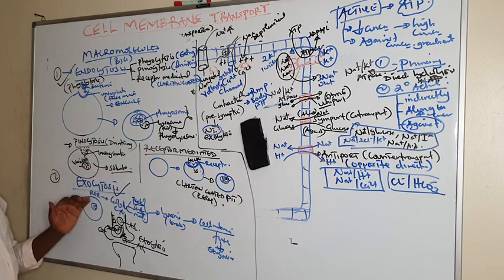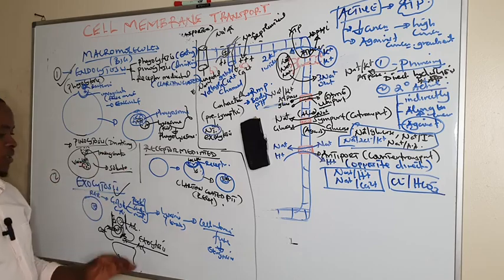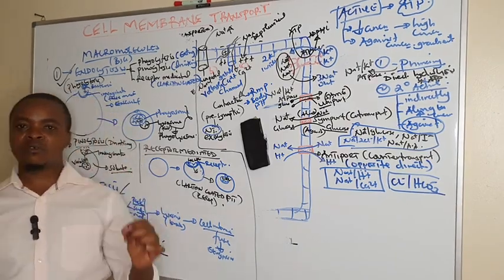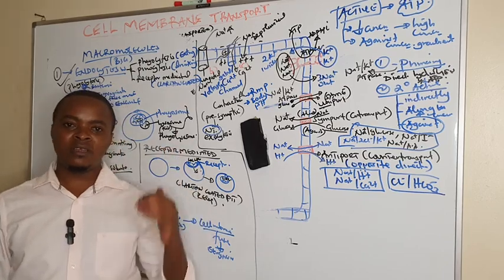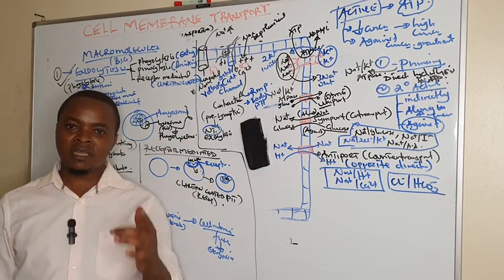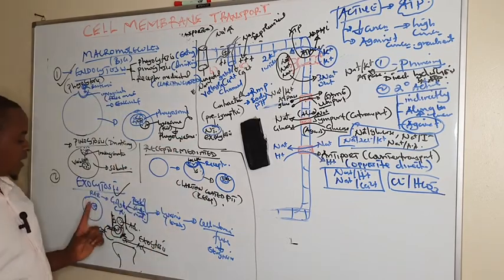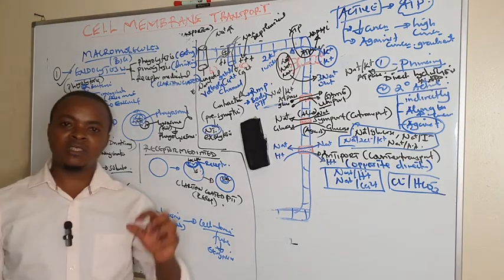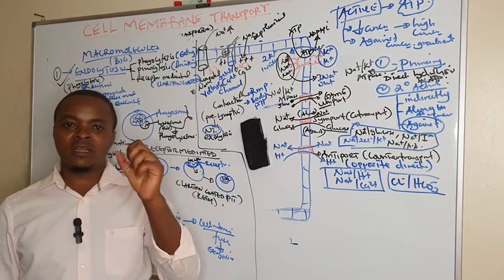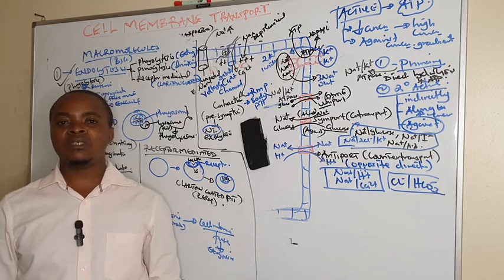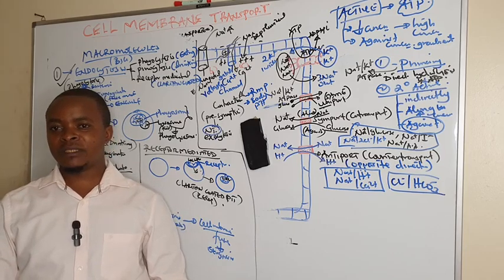Then we ended with exocytosis, with a peculiar example of how neurotransmitters like acetylcholine, epinephrine, norepinephrine, dopamine are released by exocytosis due to depolarization and influx of calcium ions, leading to the fusion of the vesicle with the membrane, hence releasing substances by exocytosis.